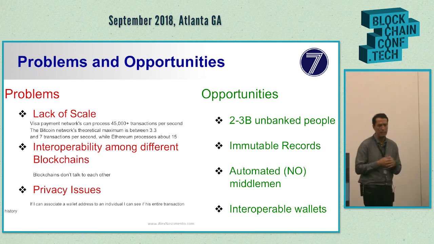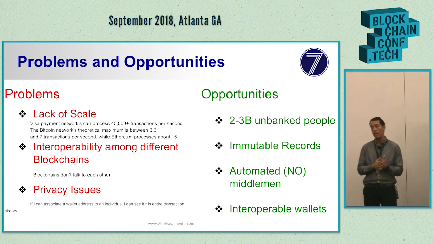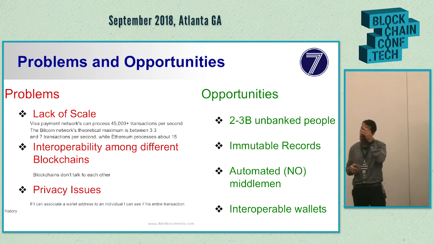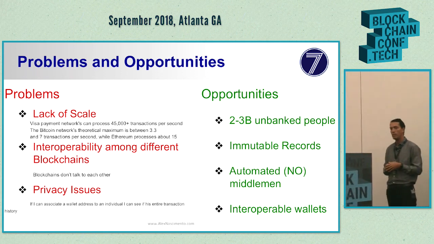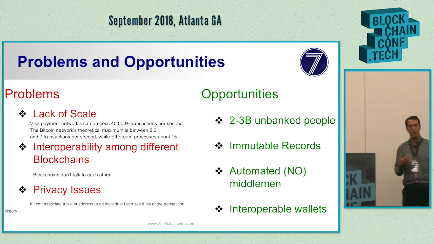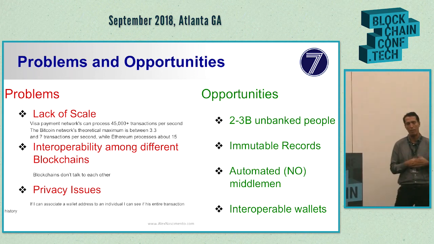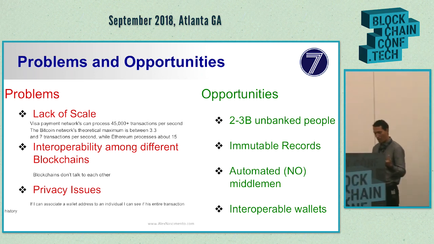But we still see some problems and some solutions. Problems are still mainly lack of scale. Most tokens are still on Ethereum, which, as we all know, doesn't have that much volume. Interoperability among blockchains. If you've been in the space, you know that Bitcoin doesn't talk to Ethereum. They're kind of like divorced significant others.